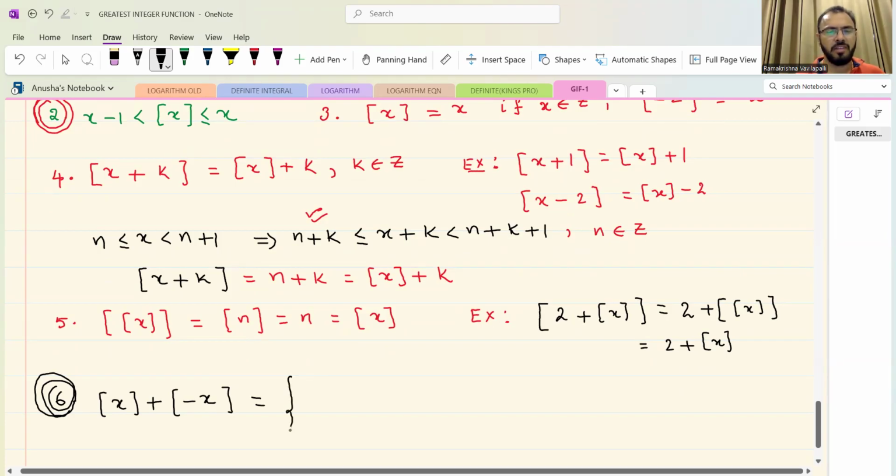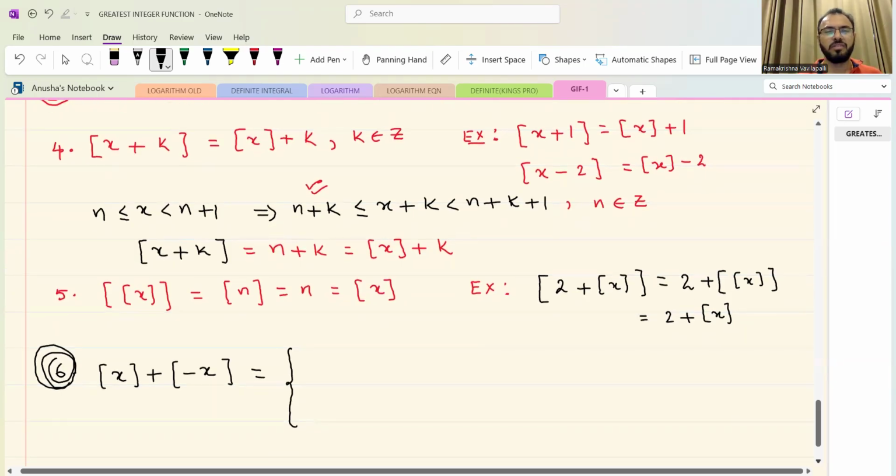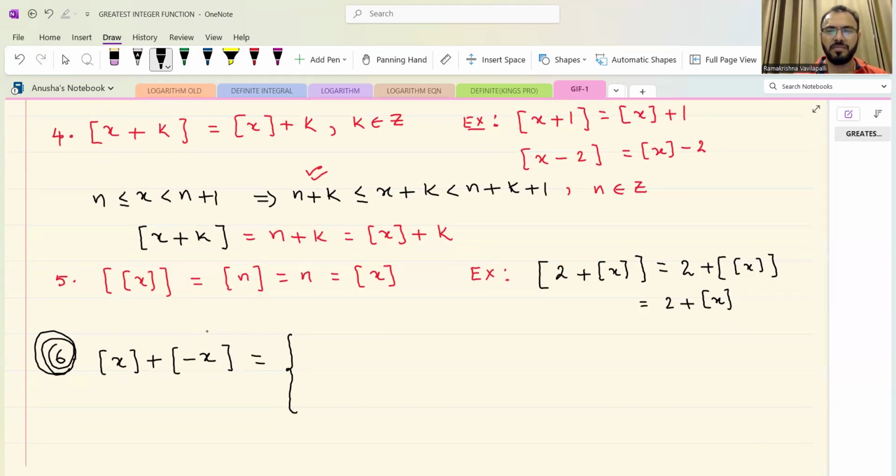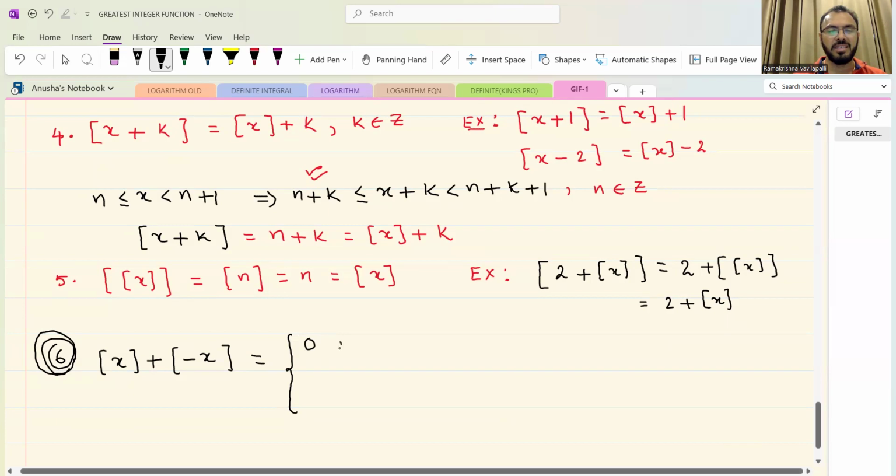Let us see what will happen. Here we may have two cases. If x is an integer, that is, if x belongs to Z, this sum is 0.